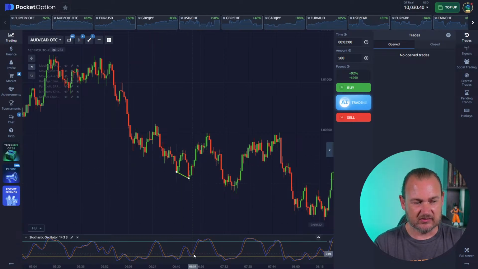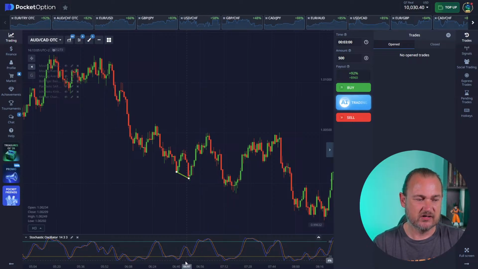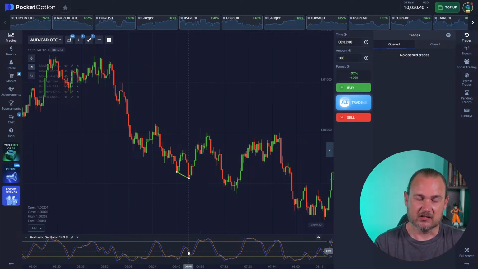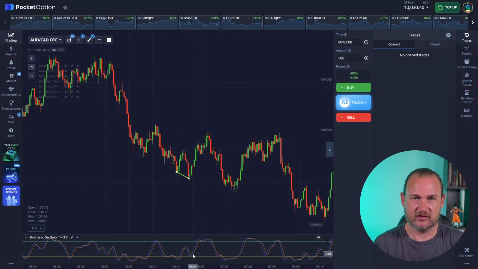If we look at what the stochastic did, this low was higher. This is signaling to me that we could be seeing a reversal coming up shortly. So this is normal bullish divergence.